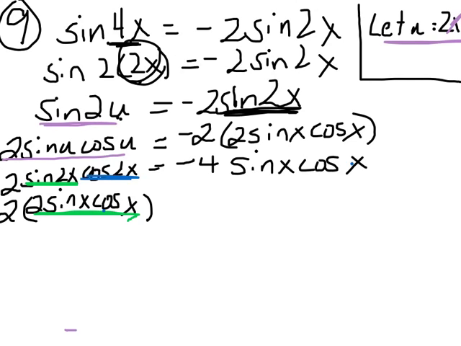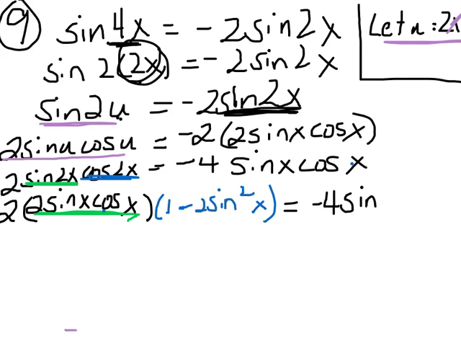And if I introduce another cosine, I might have more of a mess than I want. I don't know. So what I'm going to do, I'm going to use the one that is 1 minus 2 sine squared u, or 2 sine squared x in this case. Because I do know I'm going to have some things on both sides that I can divide out.